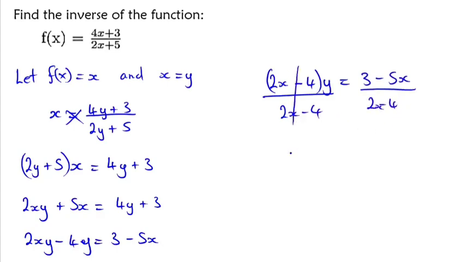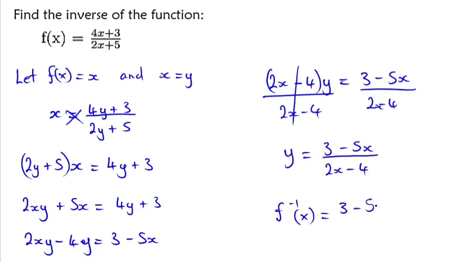So this cancels here, so that y will be equals to 3 minus 5x divided by 2x minus 4. So in our final expression, replace y with the inverse of x, and then that's the answer you're looking for. So there you have it.